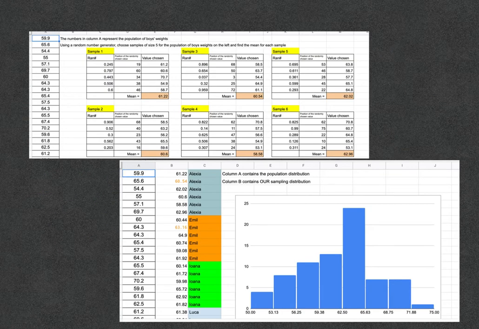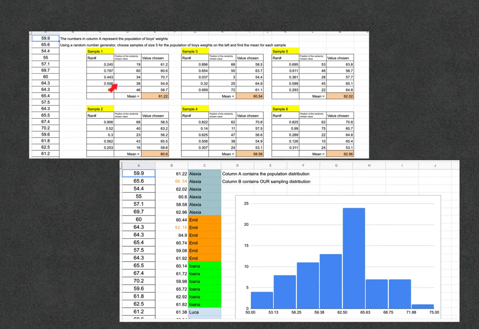Here I'll remind you that in the previous lesson, we started with a parent distribution in this Excel spreadsheet. This population is a population of the boys' weights. Then each of you had a tab in the Excel spreadsheet where you used our previous learning and generated samples of size 1, 2, 3, 4, 5.